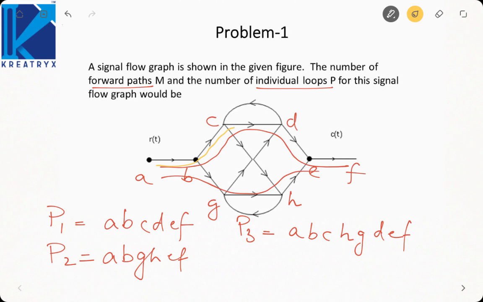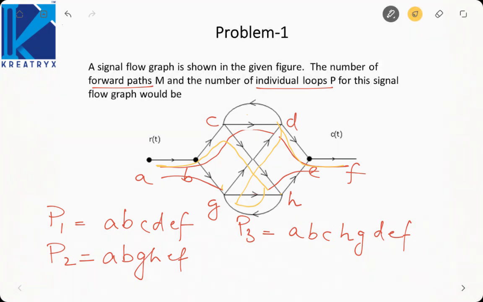This path is A, B, C, H, then G, then D, then E, and then F.